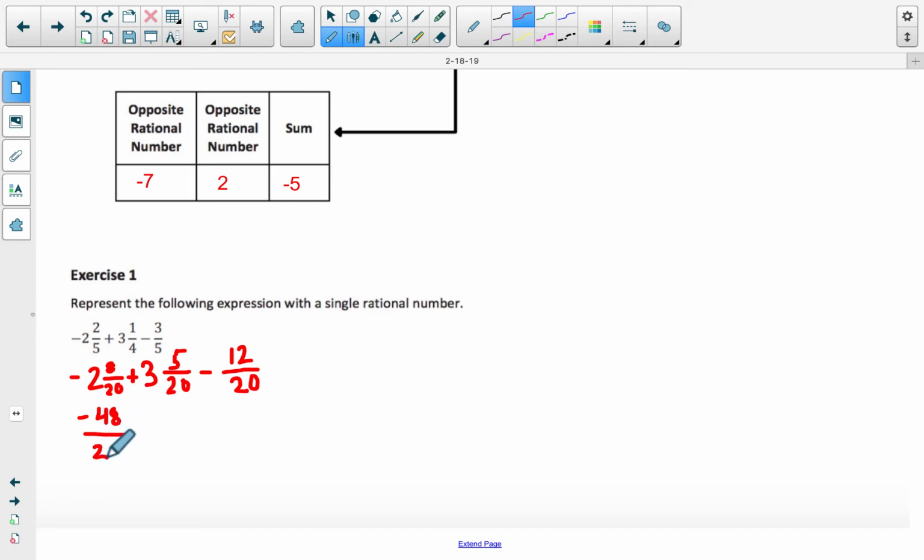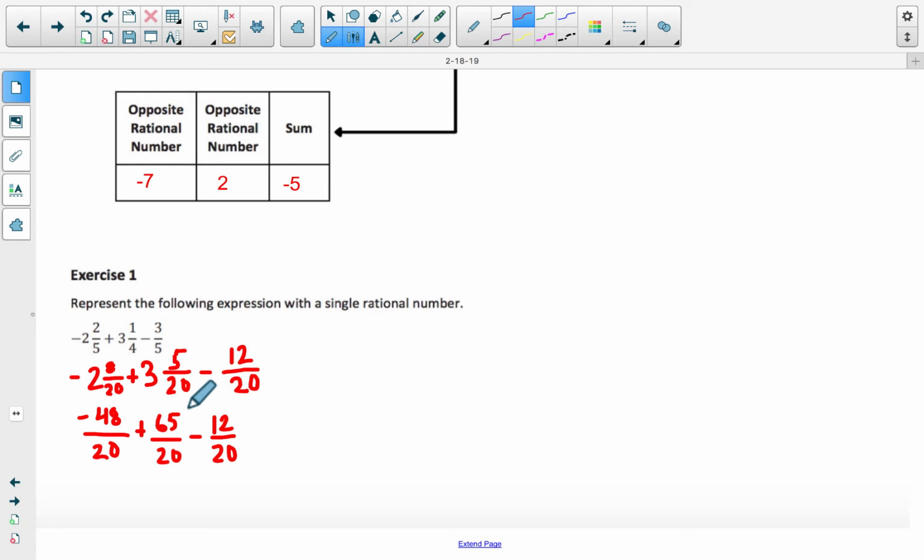If it's negative, it's going to stay negative, just like if it's positive, it will remain positive. 3 times 20 is 60 plus 5 is 65. And then fortunately for us, this last rational number here is a fraction, not a mixed number. So it just stays the same.